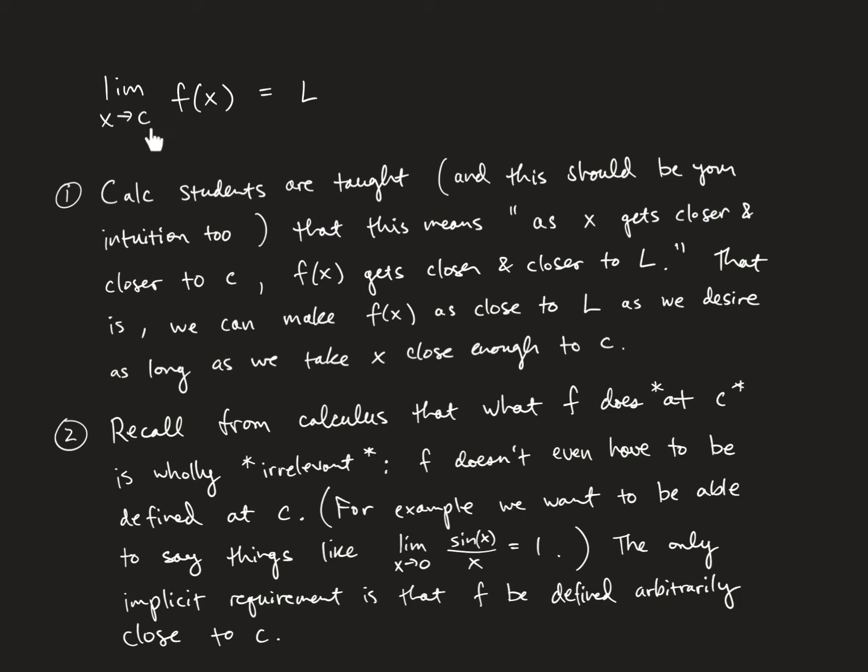The function could be doing anything it wants at c, including not being defined at all. So really the only implicit requirement here is that the function be defined arbitrarily close to c. We have to be able to make sense of f of x for x near c, but not necessarily at c.